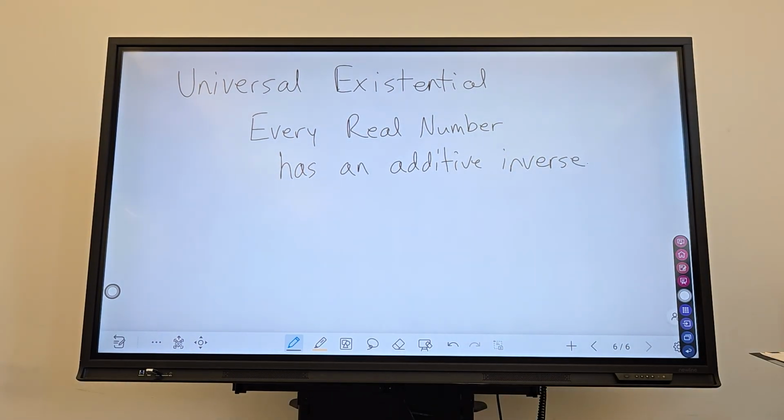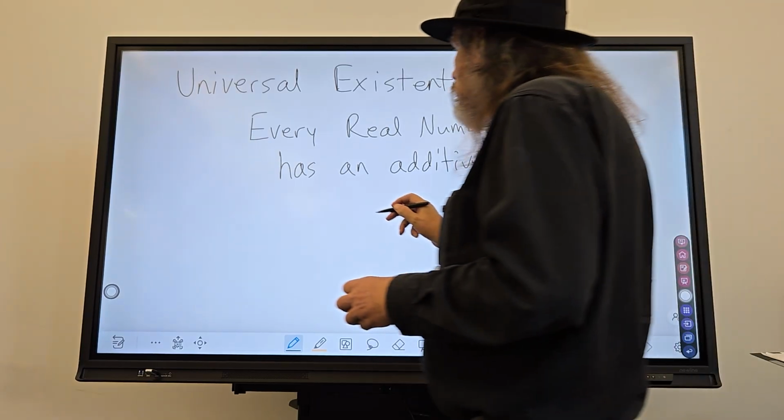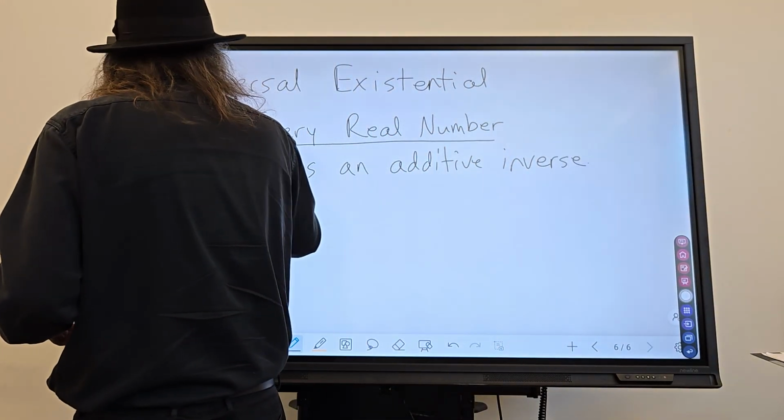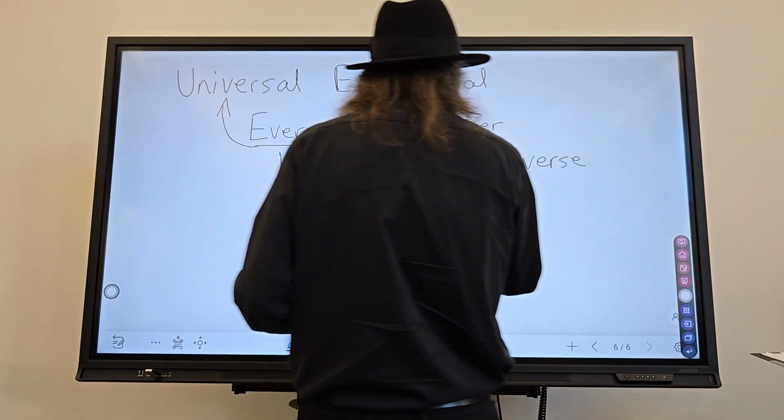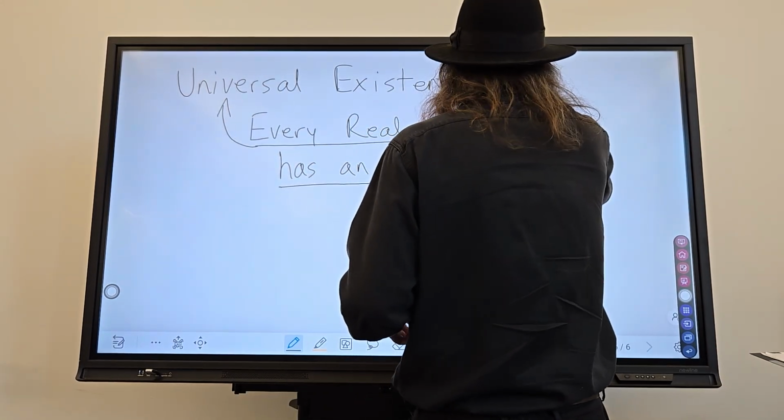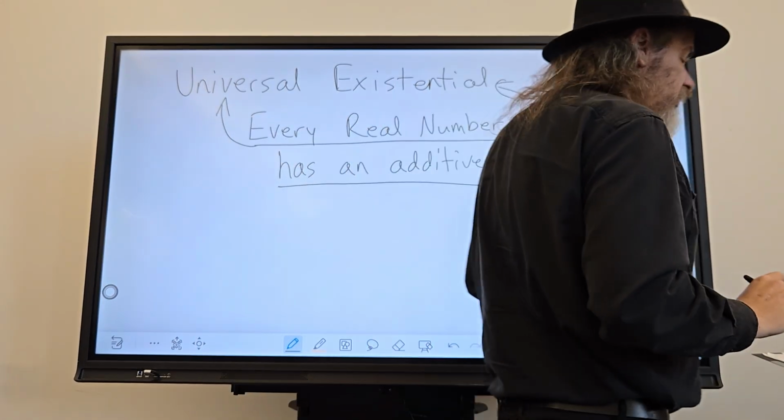Every real number, universal, and there exists an additive inverse, just one, for each real number. So every real number, universal, has an additive inverse, makes it existential.